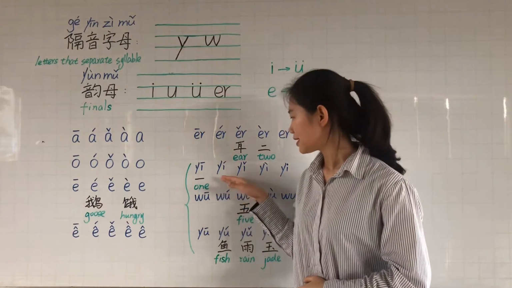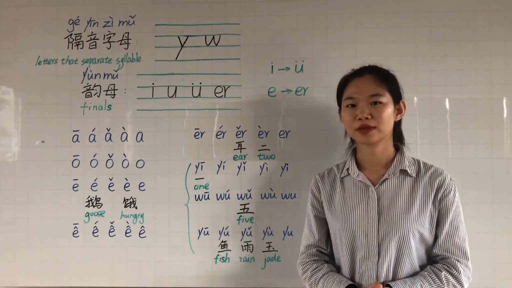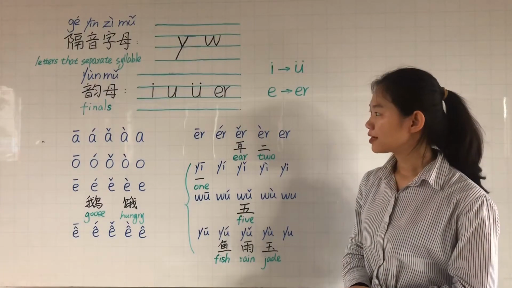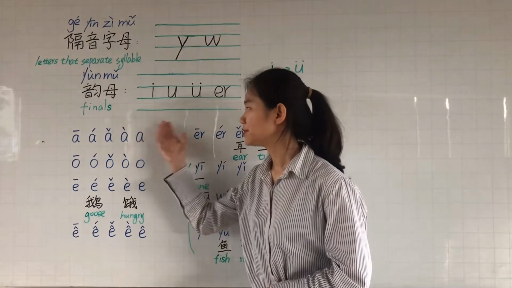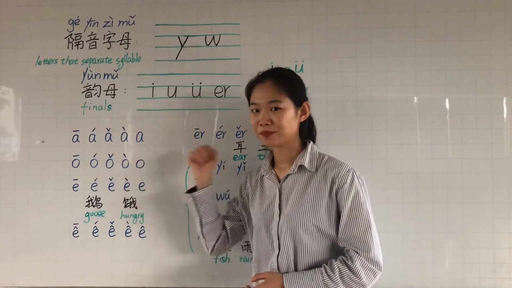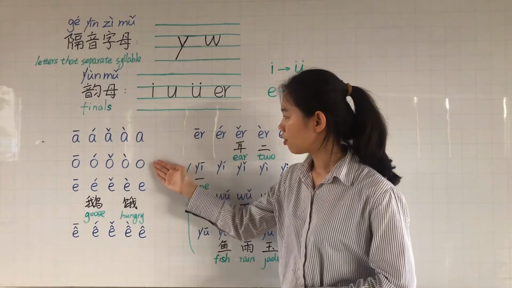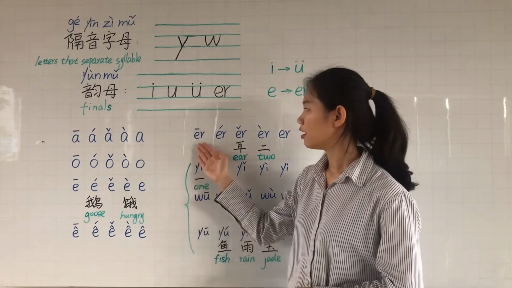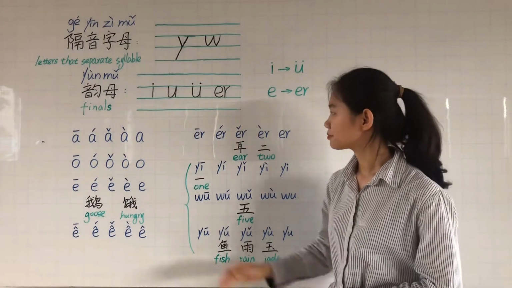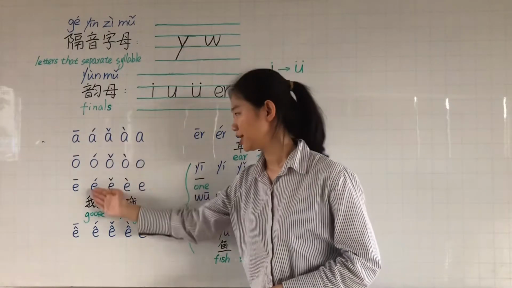Before we practice, there is something I need to explain. Before we learned that a symbol can stand without an initial, which means the finals can be syllables by themselves, right? When these 5 finals form syllables by themselves, they are written without any change.